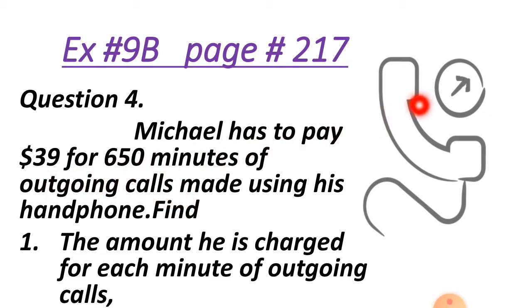The question is about the outgoing calls. The person who is talking on the call talks for 659 minutes. So this person is charged $39. But what we have to find is the amount he is charged for each minute of the outgoing calls. So now we have to find out how much the charge will be in 1 minute.